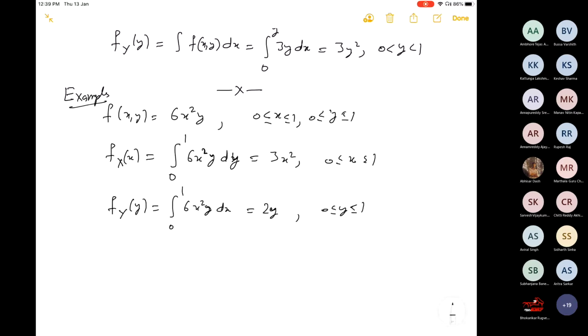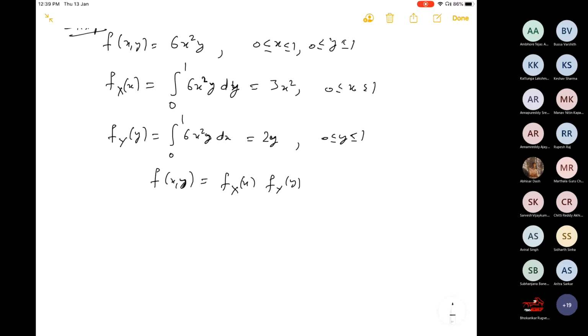So in this case also, f(x,y) is equal to fx(x) into fy(y). That means the joint is the product of their marginals. Therefore, x and y are independent. So in this case also, x and y are independent.